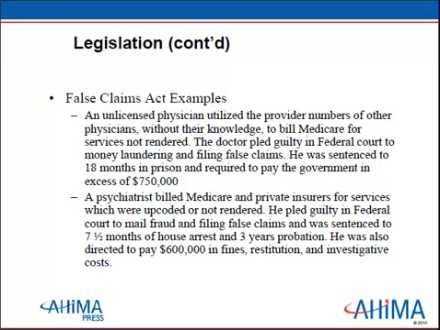One, an unlicensed physician used the provider numbers of other physicians without them knowing to bill Medicare for services that were not performed. The doctor pled guilty to money laundering and filing those false claims. He was sentenced to 18 months in prison and required to pay the government back, and probably in excess of what he had billed.